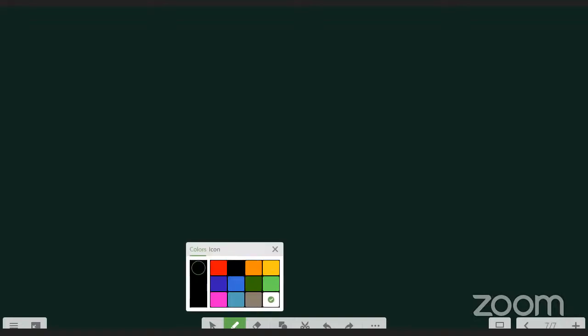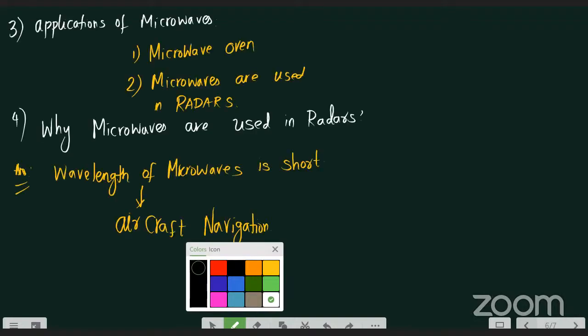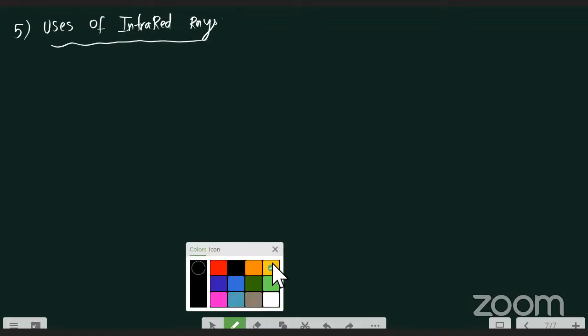The next question is: what are the uses of infrared rays? The fifth important question is uses of infrared rays. What is the first use of infrared rays?